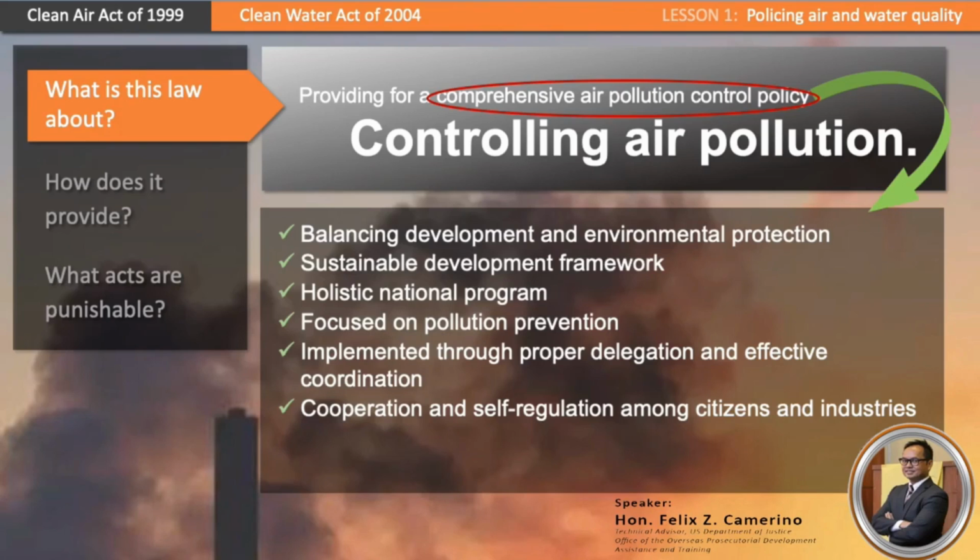So industries like that, industries that cause this pollution, and there's quite a good number of those that do that, there's a need for them to cooperate. And not just them.